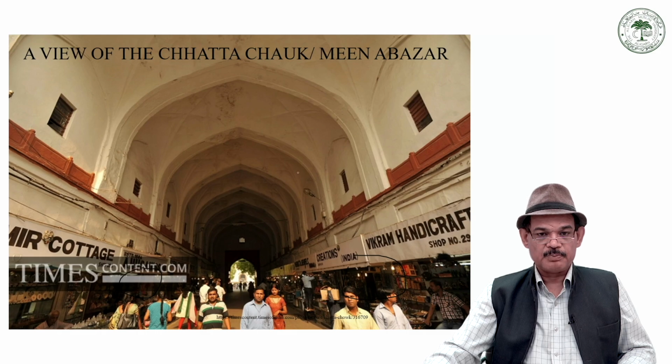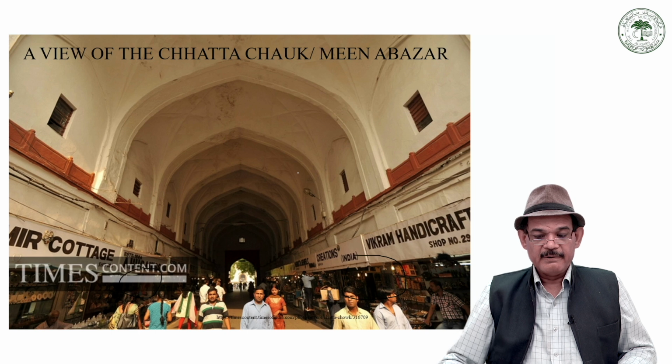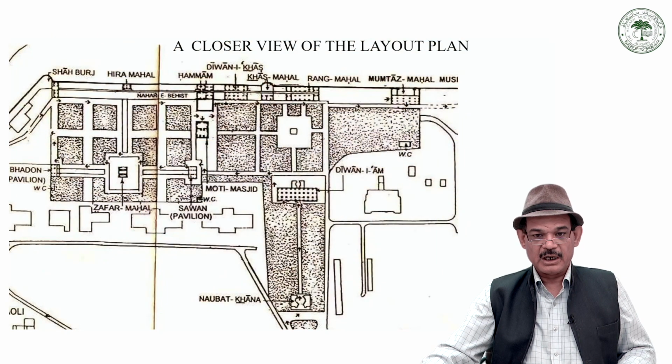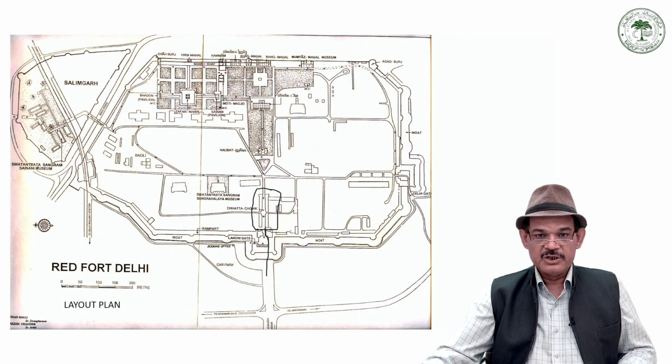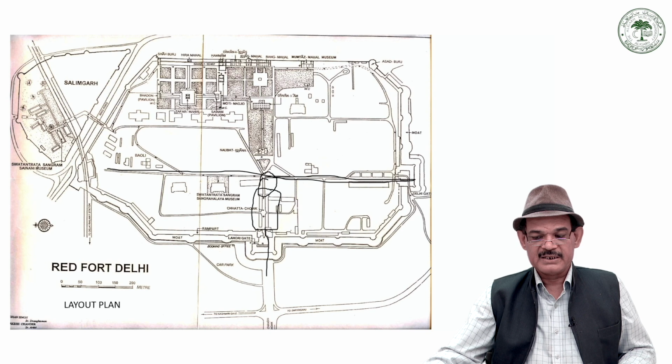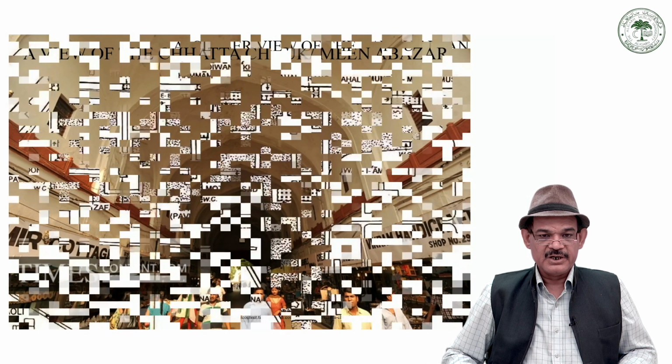Since this structure caters to the market needs, this structure ultimately culminated in an open space. And now this open space is the center point of the north-south axis. Beyond this open space, the area of the palisade started.